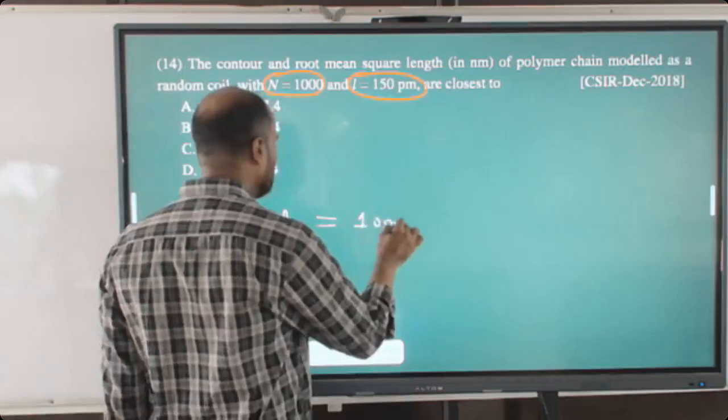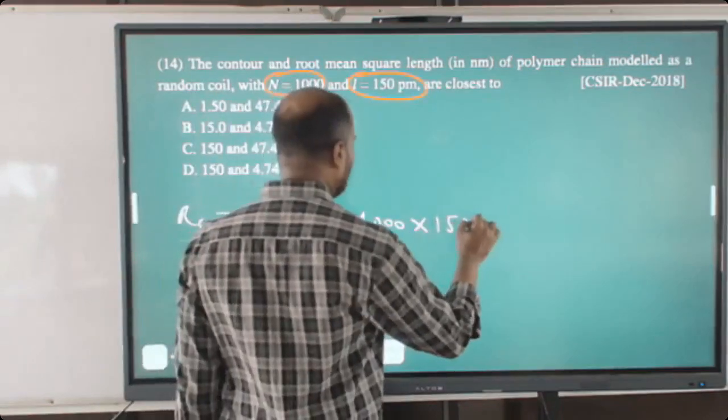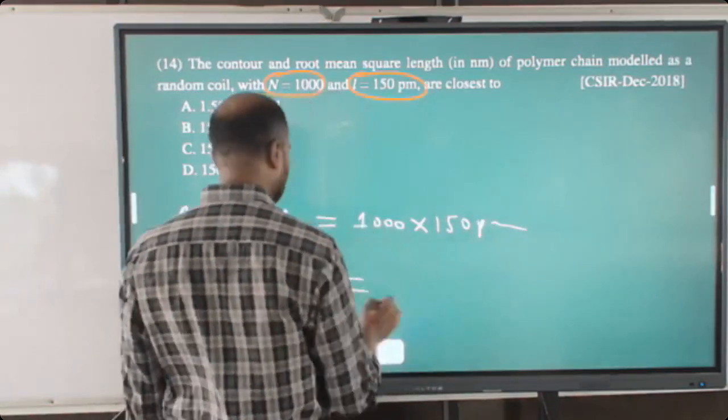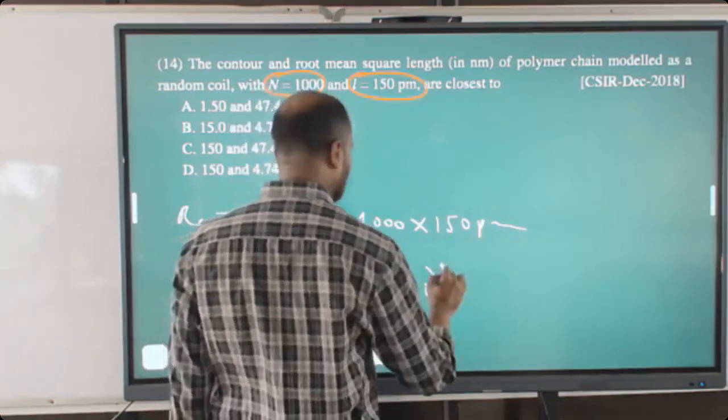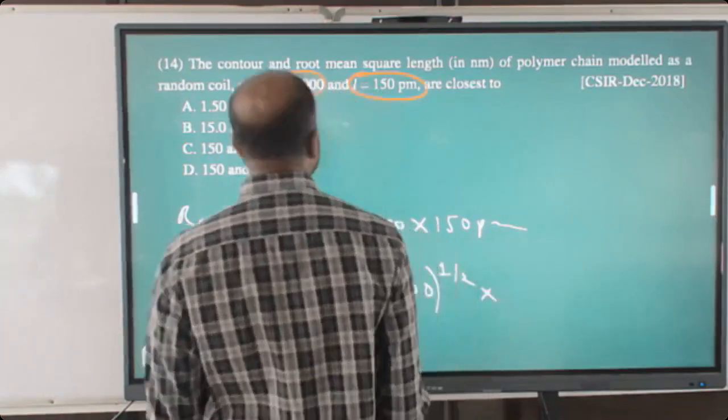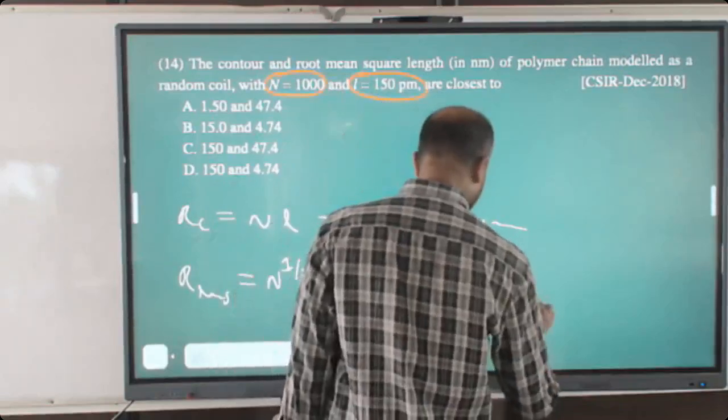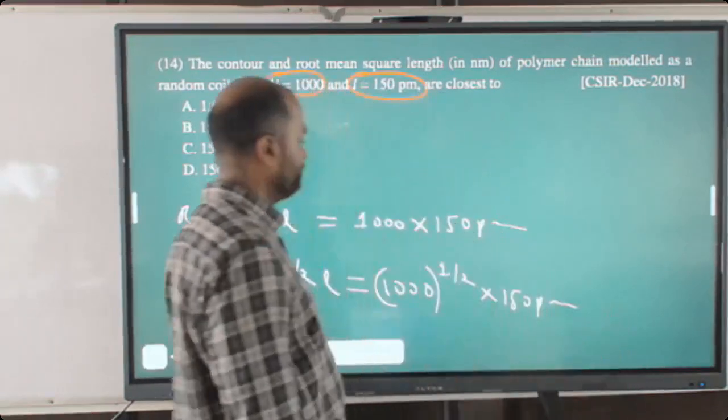First one: 1000 into 150 picometer. Second: 1000 raised to 1 by 2 into 150 picometers.